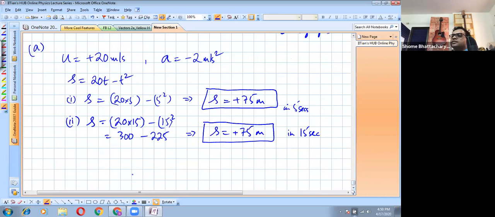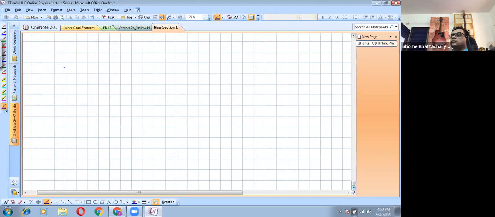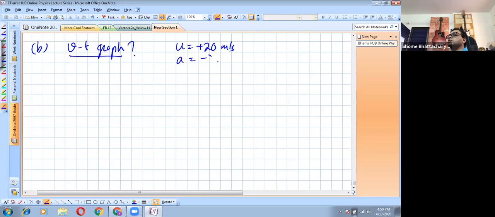Now let me understand the same thing by graph method. Okay, so in the B part, let's make the velocity time graph. And from that, let us understand how we are getting the displacement. So u is plus 20, acceleration is minus 2. So velocity will become 20 minus 2t. So this is the graph that I have to plot.